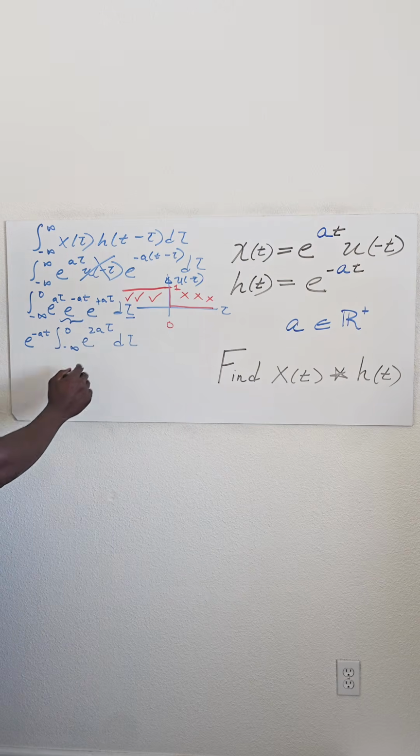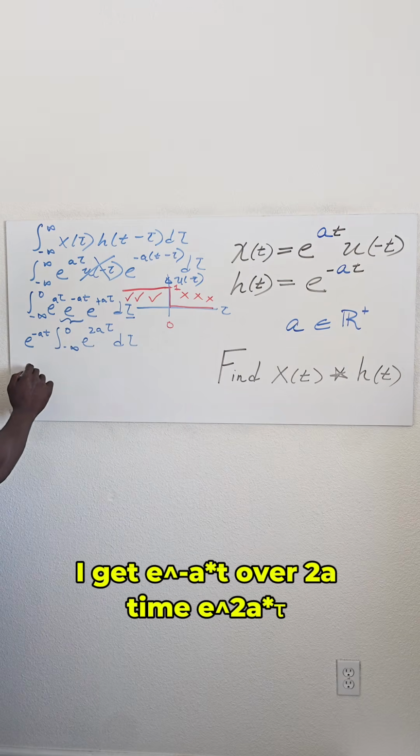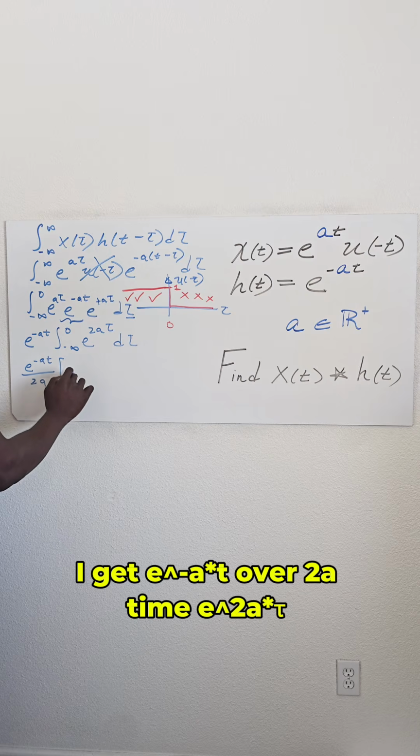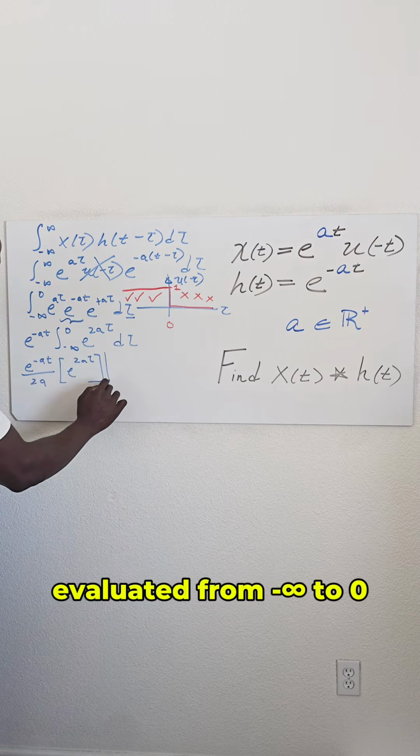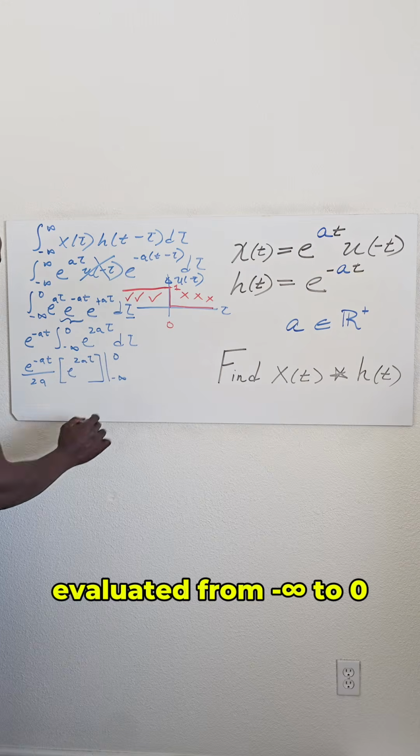If I go ahead and solve this, I get e to the minus at over 2a times e to the 2a tau evaluated from negative infinity to 0.